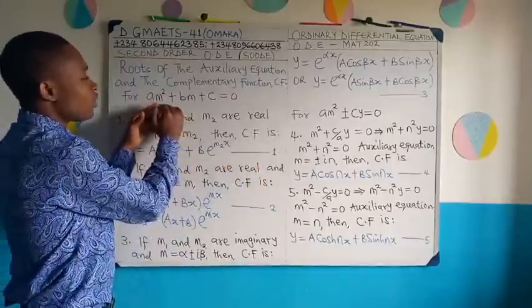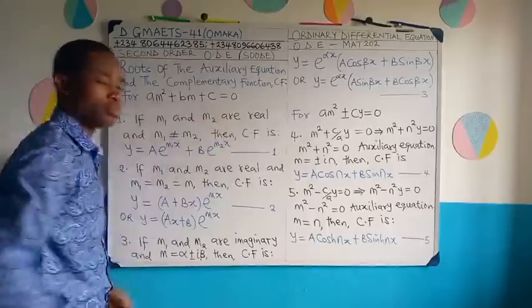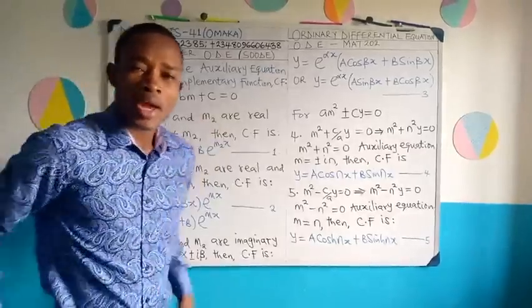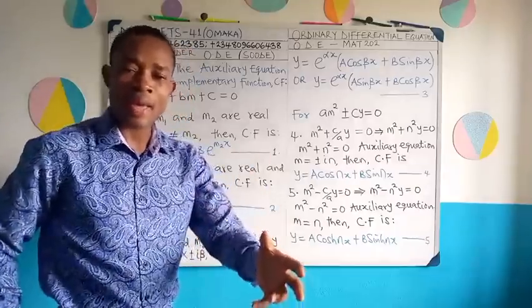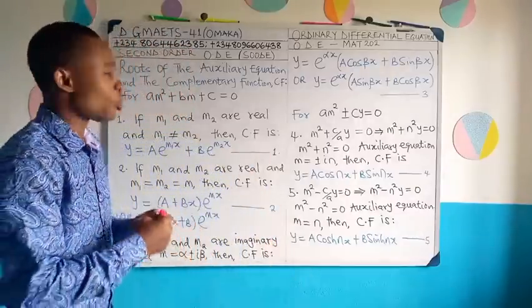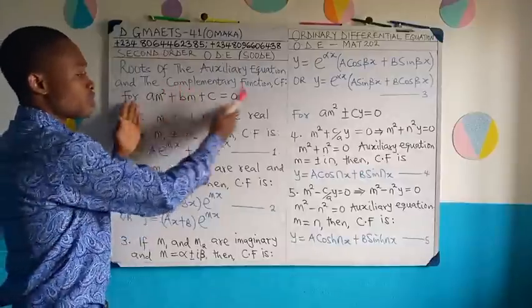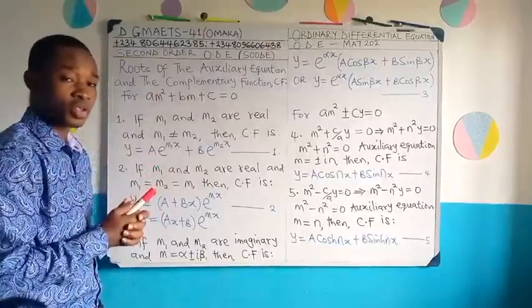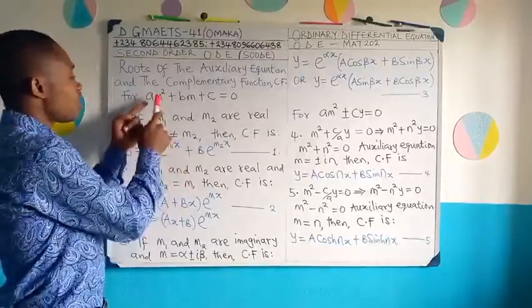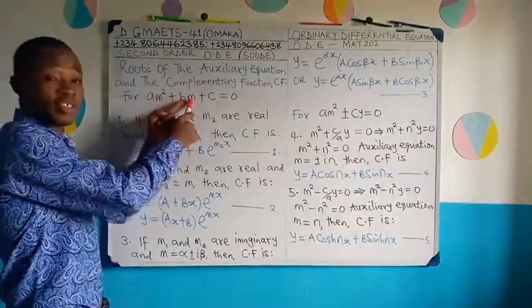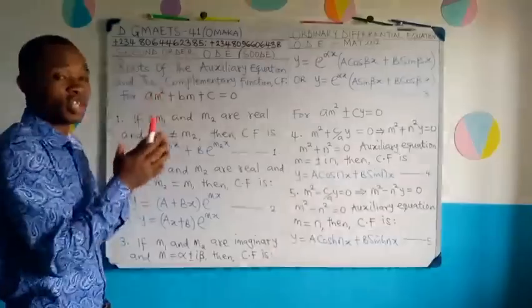Now, when the auxiliary equation is of this form, am squared plus bm plus c equal to 0, you can take it that it contains possibly all 3 terms, or let's say the first order derivative term and the second order derivative term.